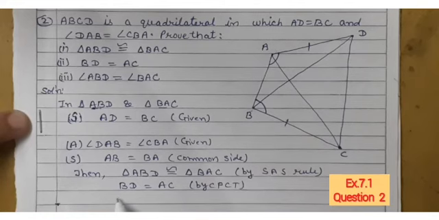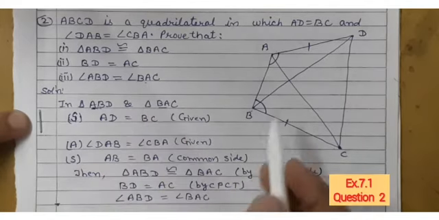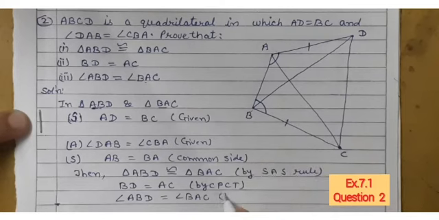Corresponding parts of congruent triangle, and angle ABD will be equal to angle BAC. You have to prove this because two triangles are congruent, then all corresponding parts should be equal, again by CPCT. This is your answer number 1. This is answer number 2. And this is your answer number 3.